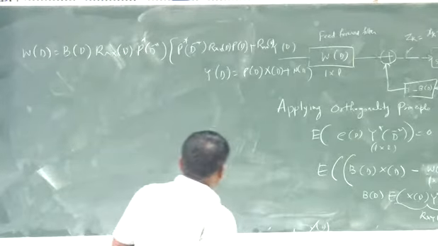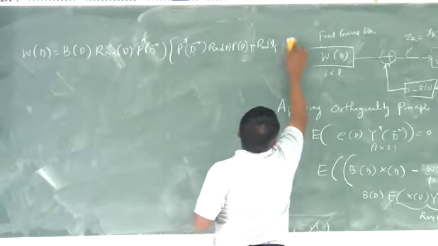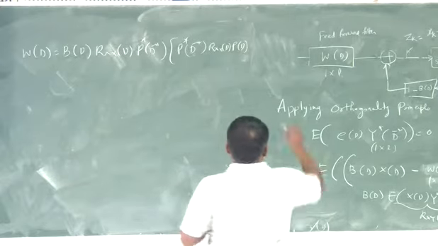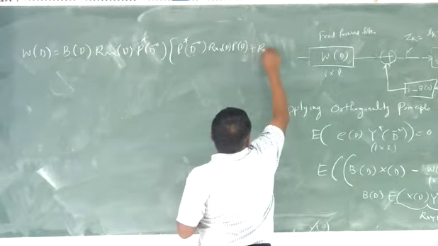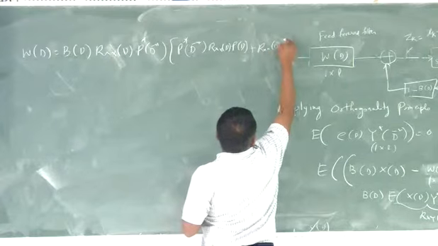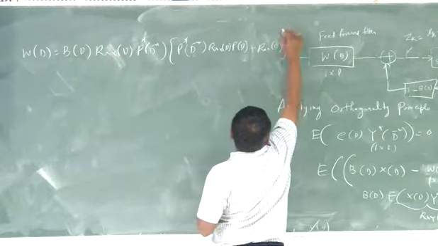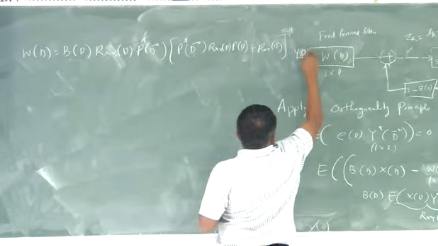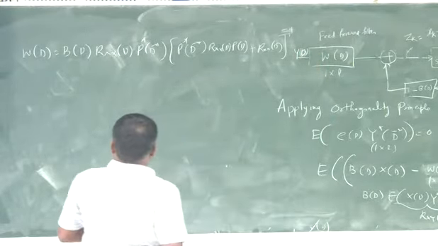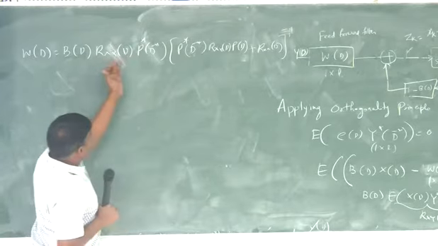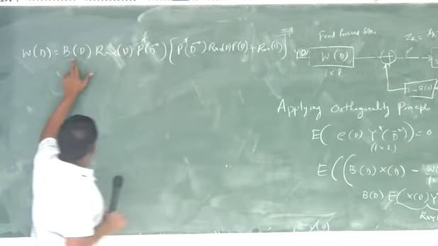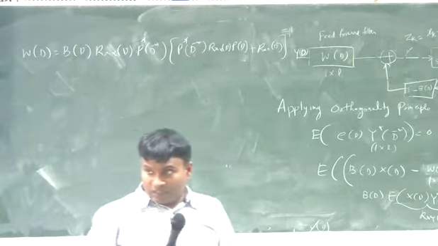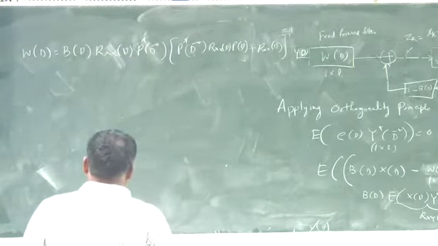Fairly lengthy expression. Okay, well, basically this whole part is the MMSE section, and B of D is going to modify it to give you the W of D for the MMSE DFE.